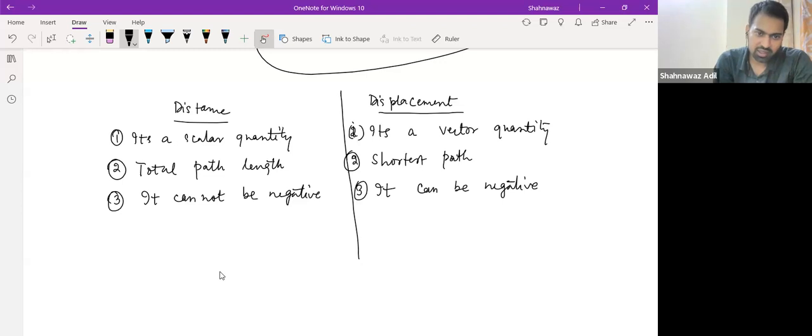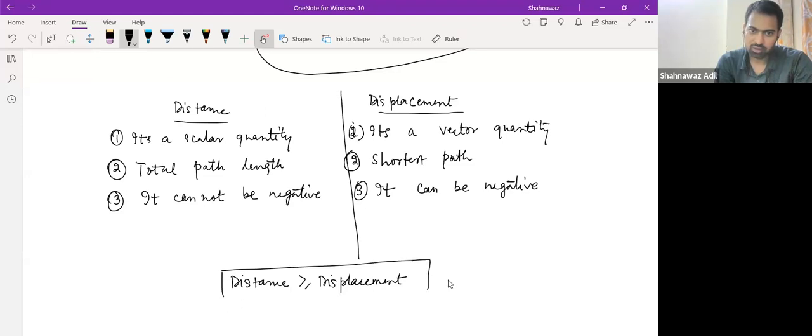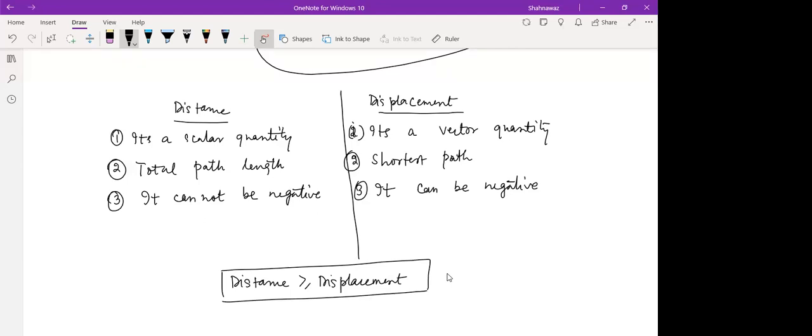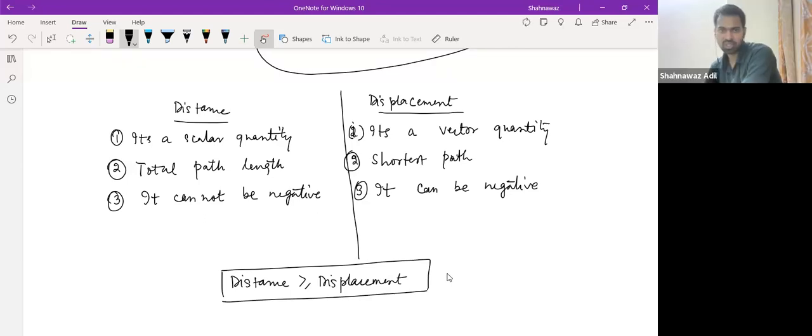And this is the important relation: distance is always greater than or equal to displacement. Yes, sir. So this was all about the definition of distance and displacement.